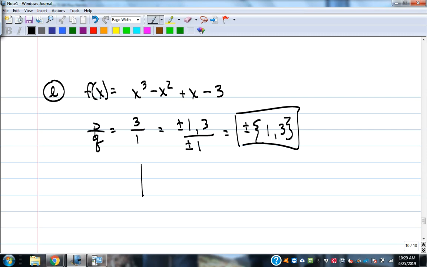Set up our synthetic. 1, -1, 1, -3. I made it so long. And then we need something to go on the shelf. So how do I get what goes on the shelf? I graph it.